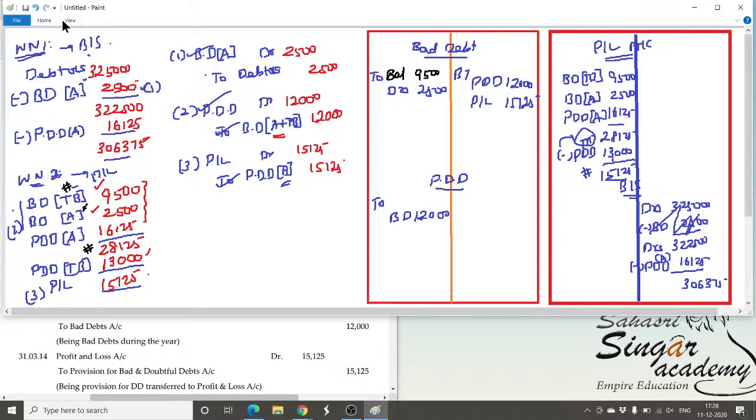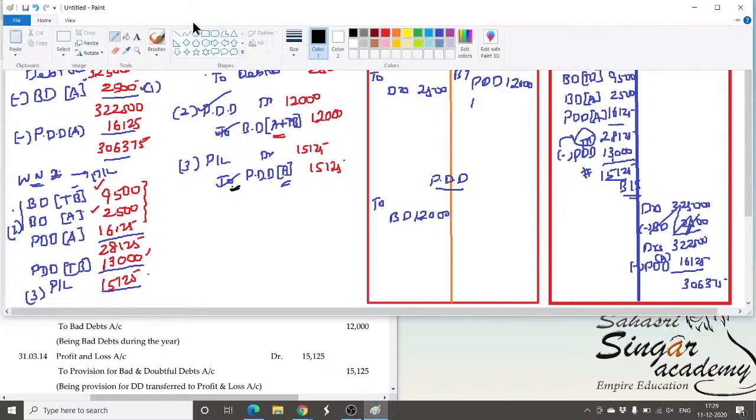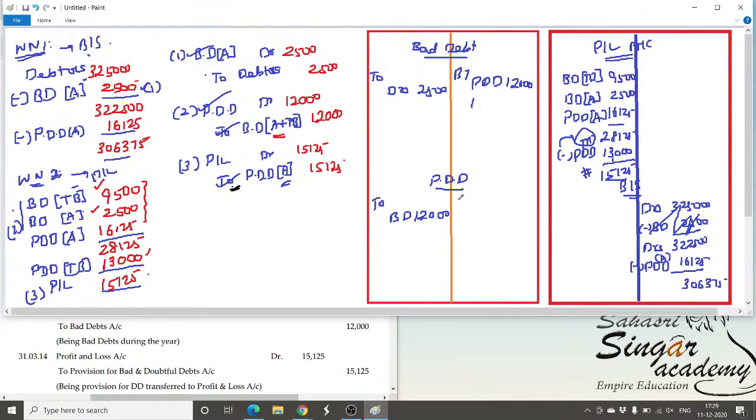Once again, I'll just correct here. The last one is P&L account debit to PDD. It should come only in the PDD account. I stand corrected. By P&L account 15,125.